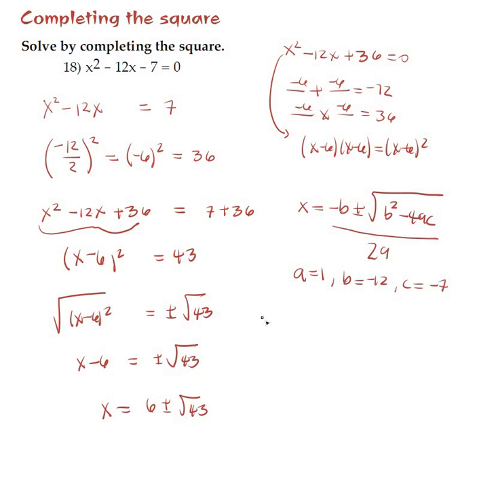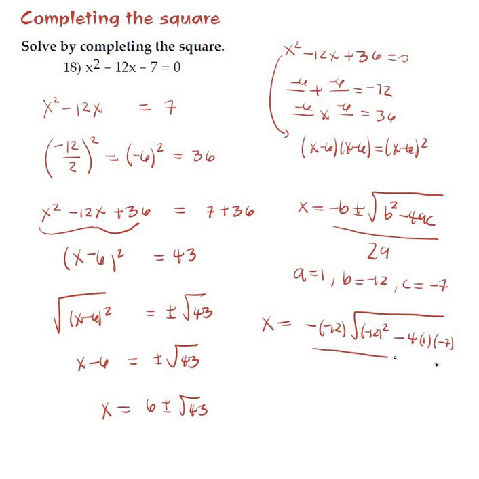Then you put it into the equation: x is equal to minus negative 12, plus or minus the square root of negative 12 squared, which is 144, minus 4 times a, which is 1, times c, which is negative 7.